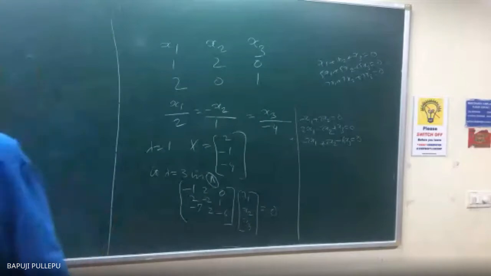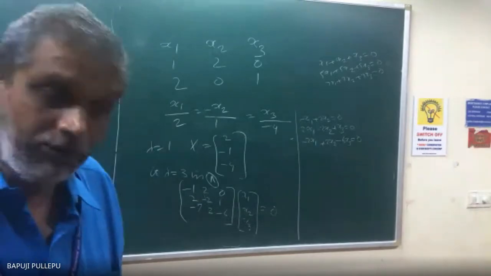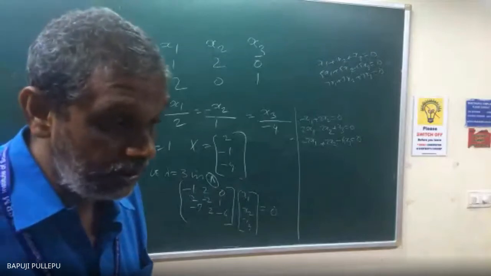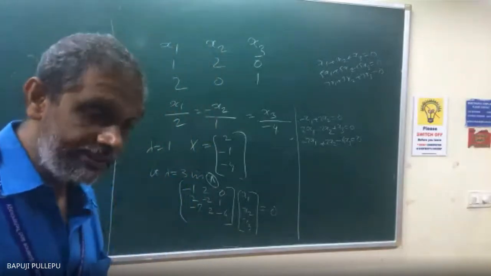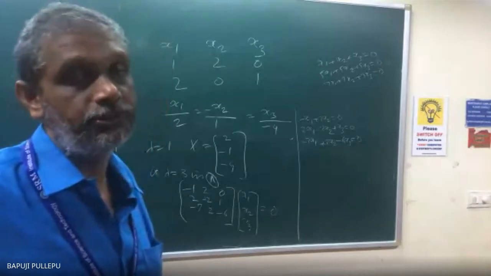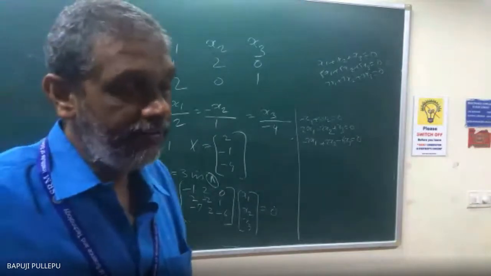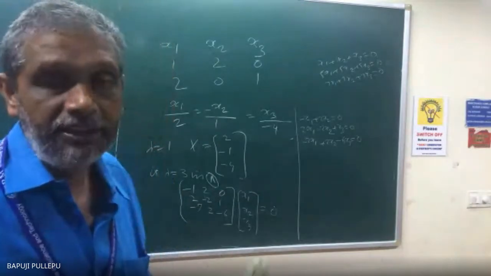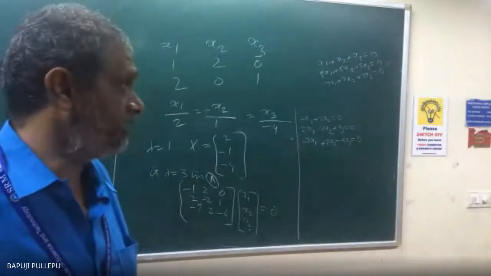Again, same story. Take any two equations. I will choose the first two because 1 and 0 are there, easiest. Multiplication is easy for me. It's not a rule. If you want, you can take second and third, or 3 and 1 also. You will get the same values, no doubt. For the sake of convenience, I am taking 1 and 2. If you want, verify; don't trust me blindly.